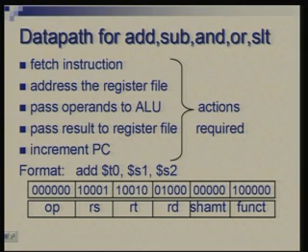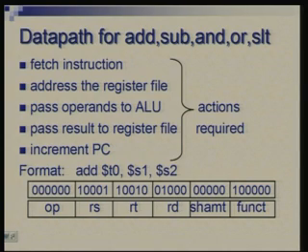So, we are going to begin with these 5 instructions: add, subtract, and, or, and SLT. The action which will be required is to get the instruction from the memory, taking the program counter contents as the address. Then depending upon the fields which contain register values, we access the register file.